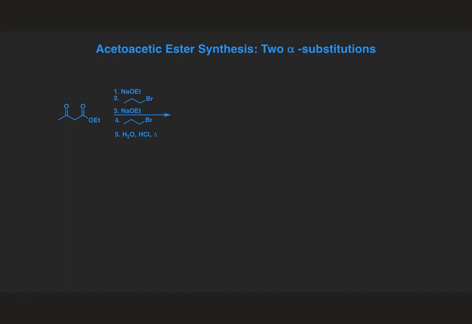Just like the malonic ester synthesis, the acetoacetic ester synthesis can be used to make 2 substitutions at the alpha carbon of a methyl ketone. And so in steps 1 and 2 here, we're going to add a propyl group to the alpha carbon. So a propyl group is 1, 2, 3 carbons.